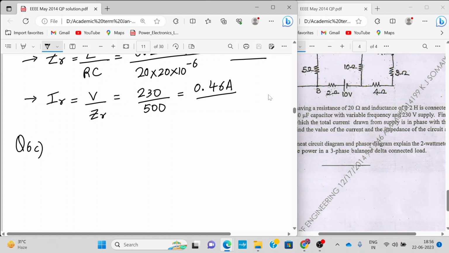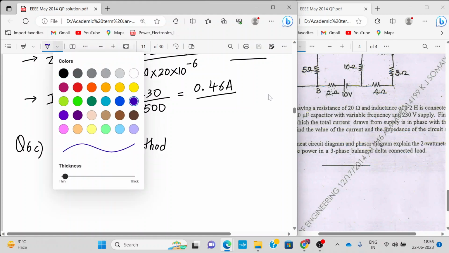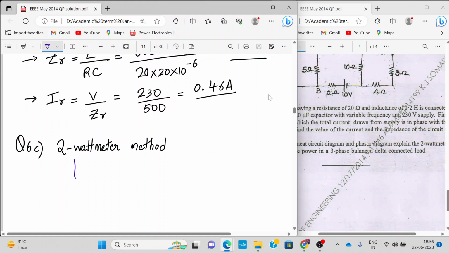Let me just write down the break up of marks. I'll give it to you. If the 2 wattmeter method comes in the exam: the circuit diagram, then the explanation and the phasor diagram.